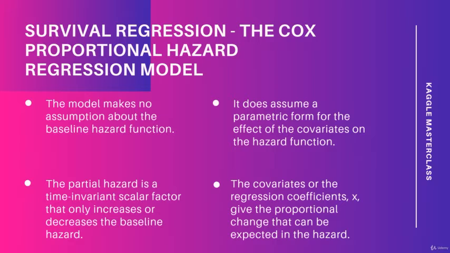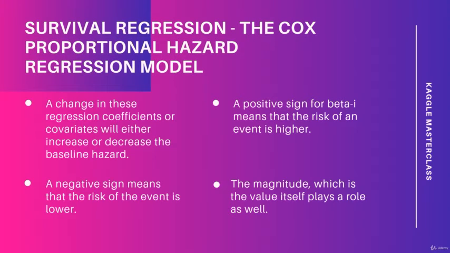The covariates x give the proportional change that can be expected in the hazard. The sign of the regression coefficients, beta i, plays a role in the hazard of a subject. A change in these regression coefficients or covariates will either increase or decrease the baseline hazard.